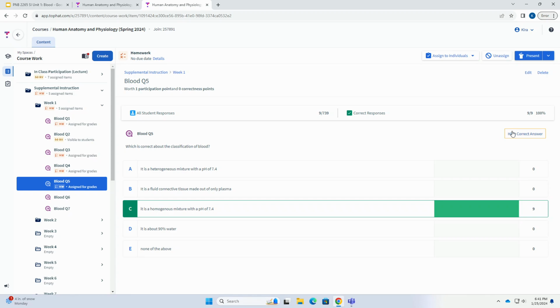So I was trying to be a little bit tricky with D, that it's about 90% water. So this one's just read carefully, because the plasma is 90% water. Overall, blood is like 50% plasma, 50% formed elements. Of the plasma, it's 90% water. It's not only plasma, and then it's not heterogeneous, it's a homogeneous mixture.